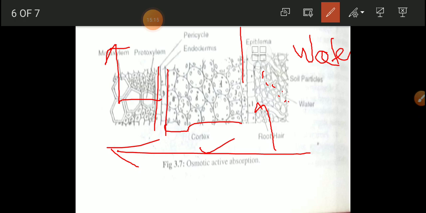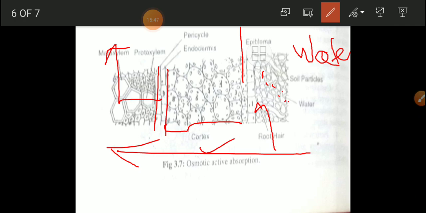Then just behind the root cap there is a meristematic region, where rapid entrance of solute takes place, never water. Then that region is followed by the elongated region, and just above the elongated region we see the root hair producing region, and those root hairs are responsible for absorption of water.